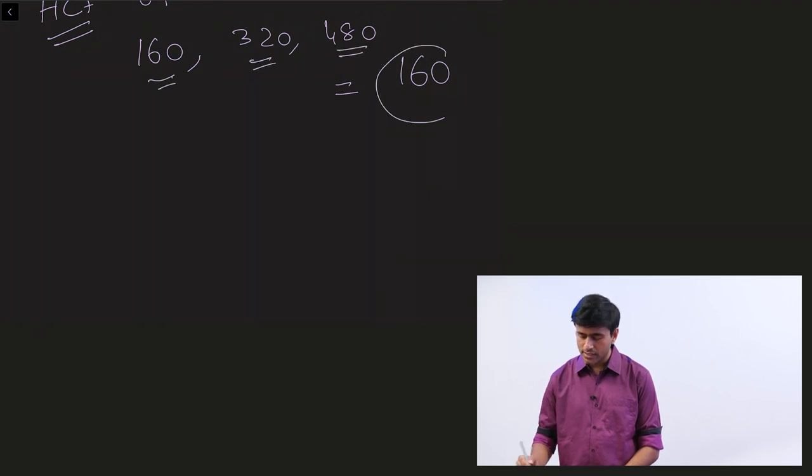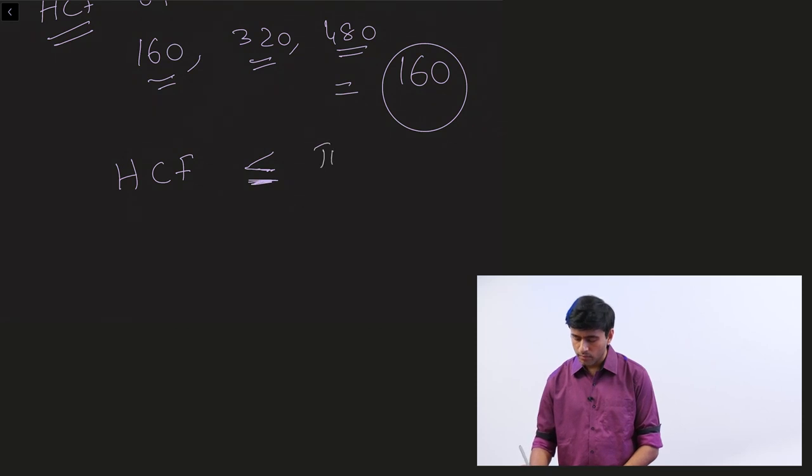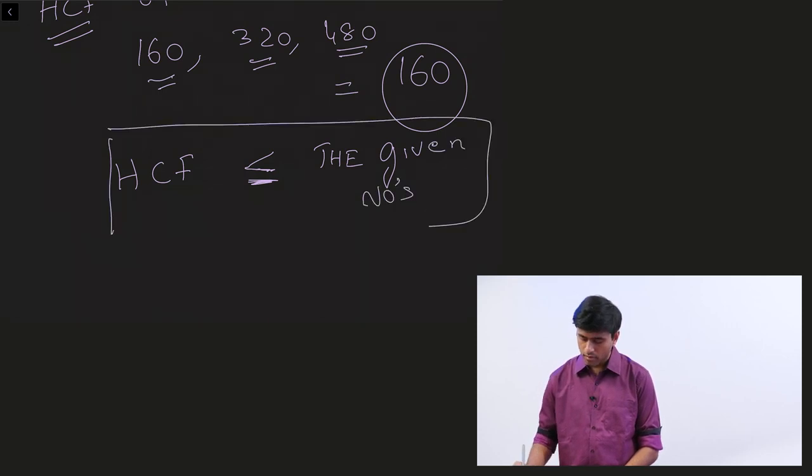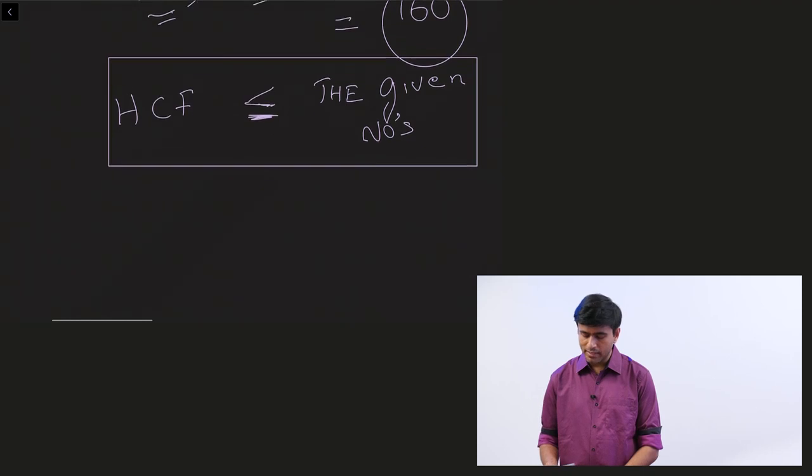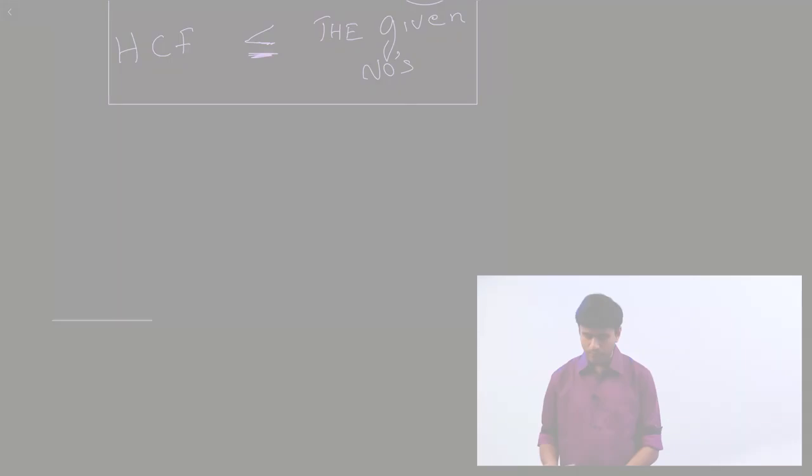The HCF is 160. That means the HCF will always be less than or equal to the given numbers. That's your first property. We'll look at the other properties of HCF after we do LCM.